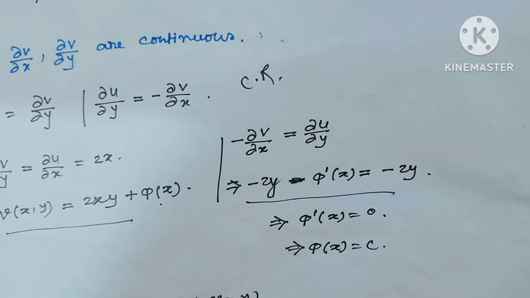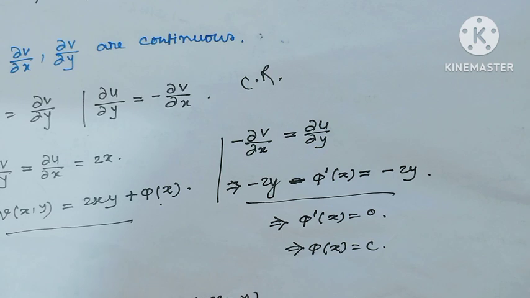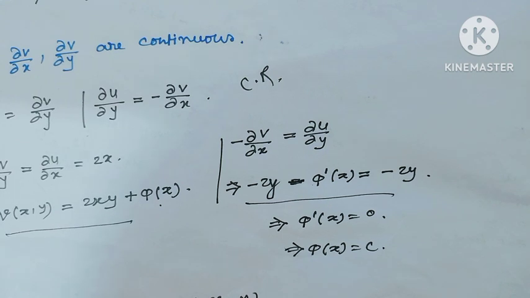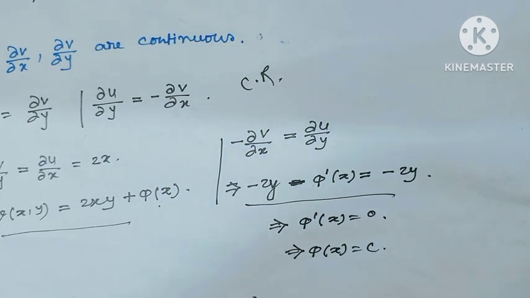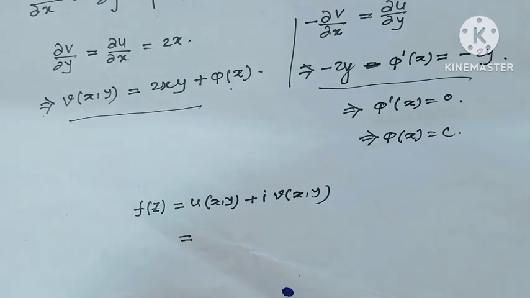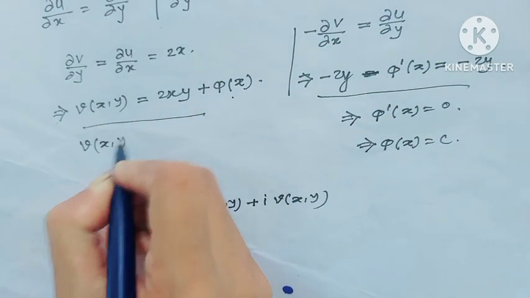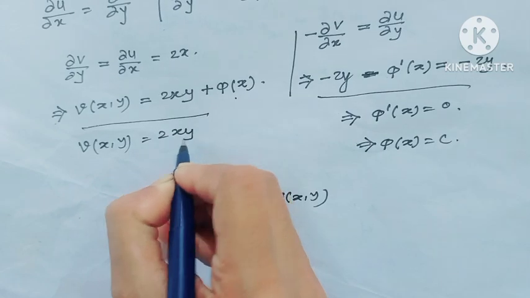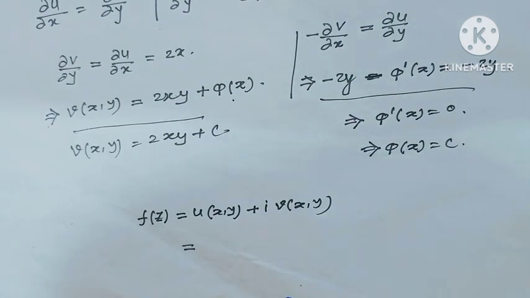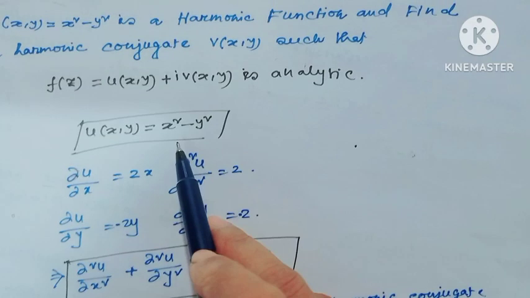That implies phi prime(x) equal to 0, and phi prime(x) equal to 0 implies phi(x) equal to a constant c. Therefore, v(x,y) means 2xy plus c. Now put the values.